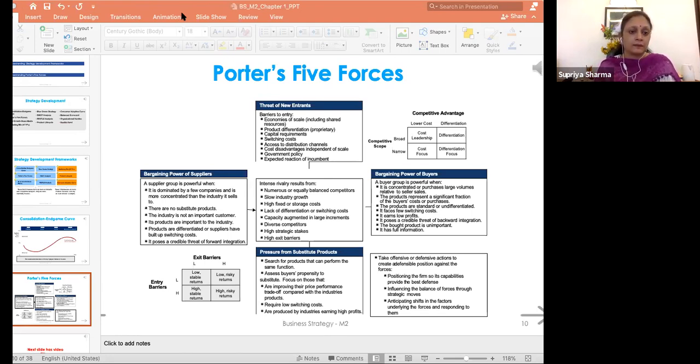No. So government policy again becomes a barrier, and then the expected reaction of incumbents, people who are already in the market. Sometimes they also create a lot of ruckus if we enter an industry. So all these things are threats to new entrants, and we can analyze all this when we are entering an industry.